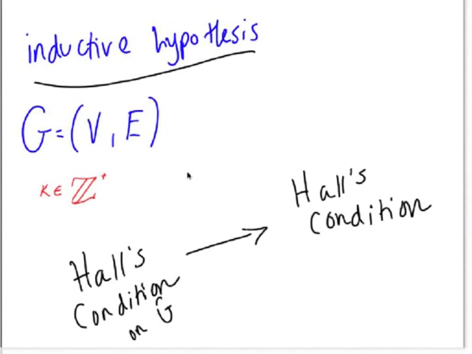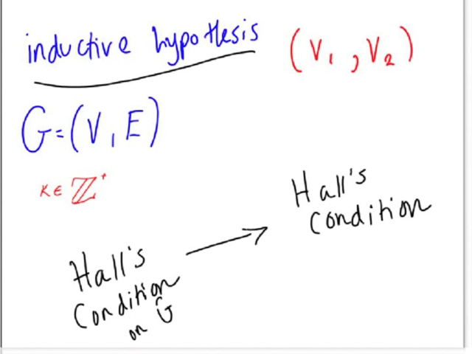All right, so now let's do our inductive hypothesis. So we've got a simple graph G, and let's also say that this simple graph G has a bipartition, V1 and V2, two disjoint vertex sets.